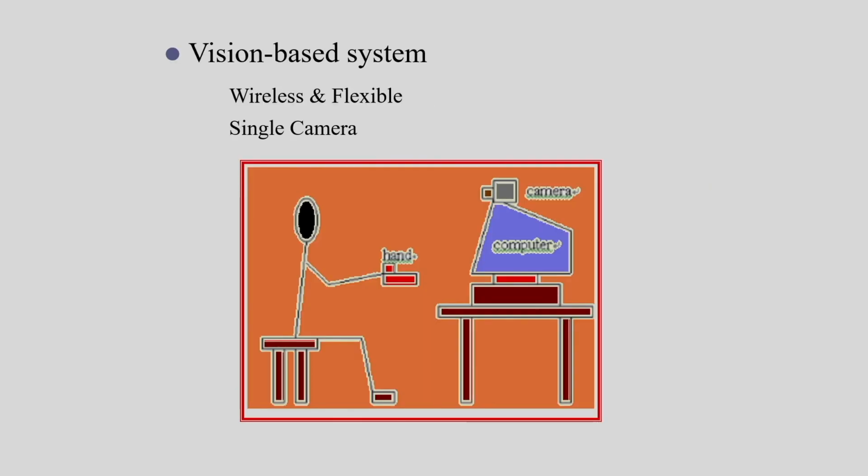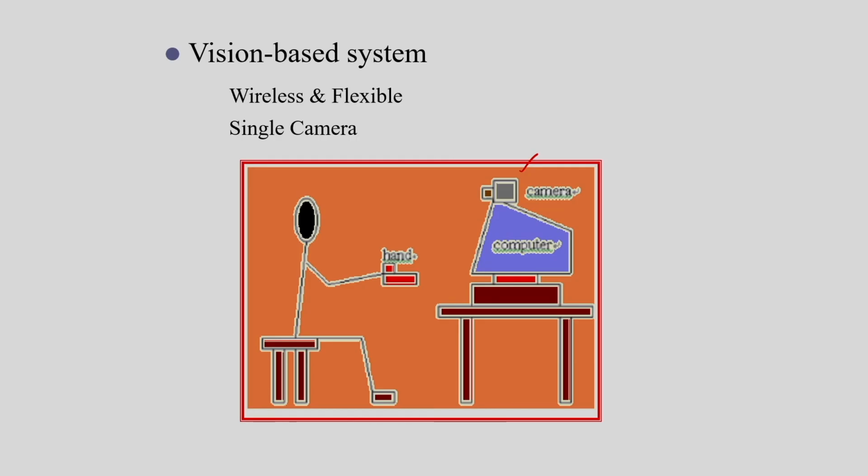The next system is the vision based system. Here in the figure you can see I have a camera. The camera detects the movement of the hand, the movements of the fingers, and after this the computer can recognize the movement of the hands or the gestures, or it can recognize finger spelling.